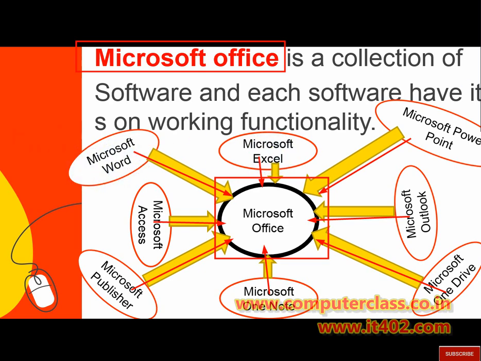Microsoft Word is used for documentation, Microsoft Excel for calculation, Microsoft PowerPoint for presentation, Microsoft Outlook for managing your emails, Microsoft OneDrive for storing your data on the cloud, Microsoft OneNote for scheduling, Microsoft Publisher for magazine-type work, and Microsoft Access for managing your data. There are a lot of other software that are part of Microsoft Office, but these are the important ones.